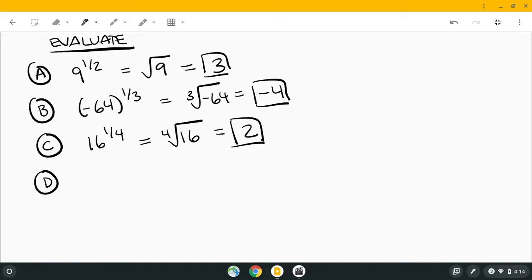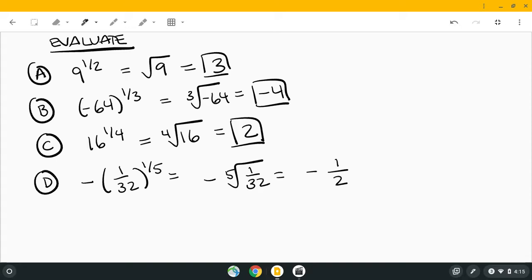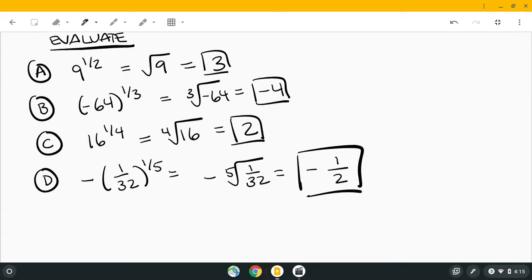And then if I have negative 1 over 32 to the 1/5 power, that would be negative the 5th root of 1 over 32. The 5th root of 1 is 1, the 5th root of 32 is 2, so negative 1/2.